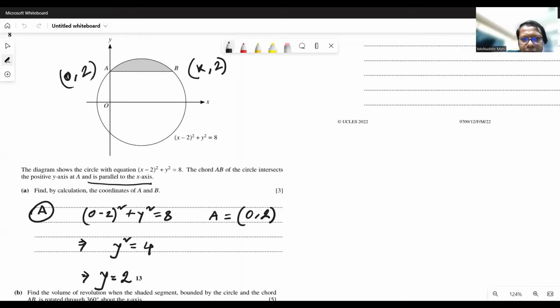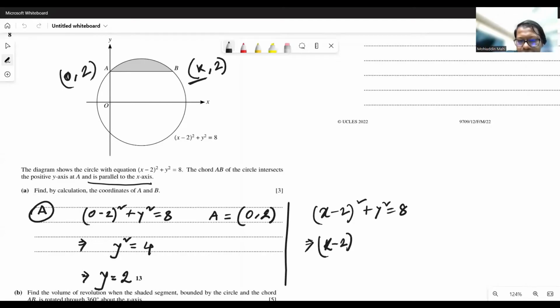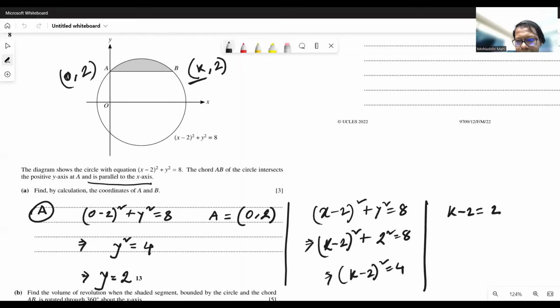So putting the value of y as 2 in the equation, we can find out the corresponding value of x. That means k. So k minus 2 whole square equals 4, so k is 4. So that means coordinate B is 4, 2.